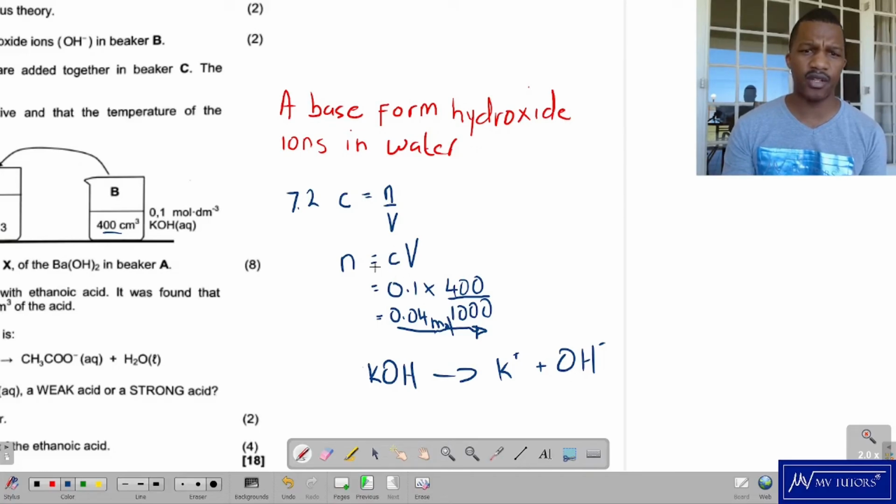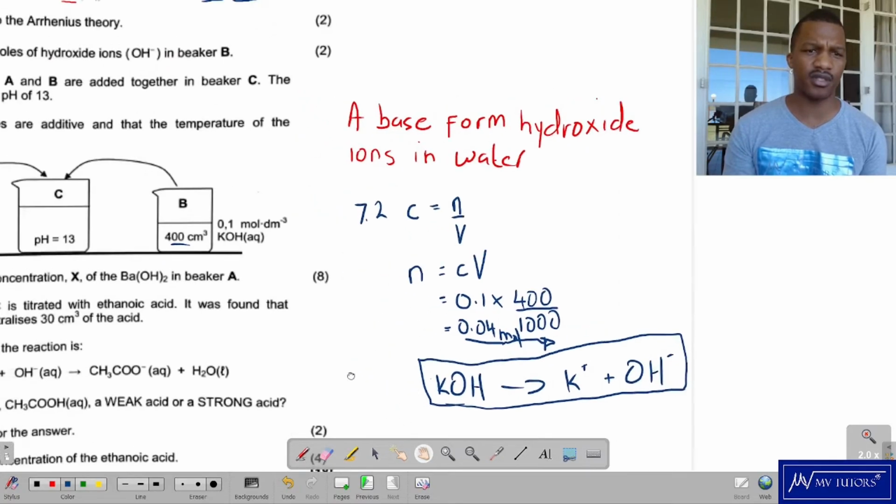When we were calculating here, that was the concentration and that was the volume, but we need to keep this in mind as well. It doesn't always work out this well.